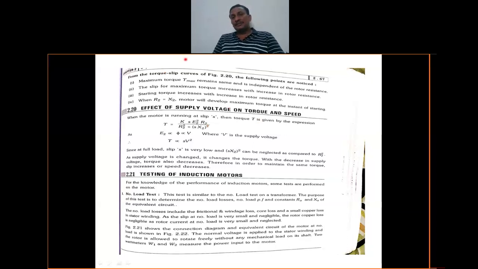We have also discussed that by adding rotor resistance in the rotor circuit, we can increase the starting torque, but the magnitude of maximum torque is constant.